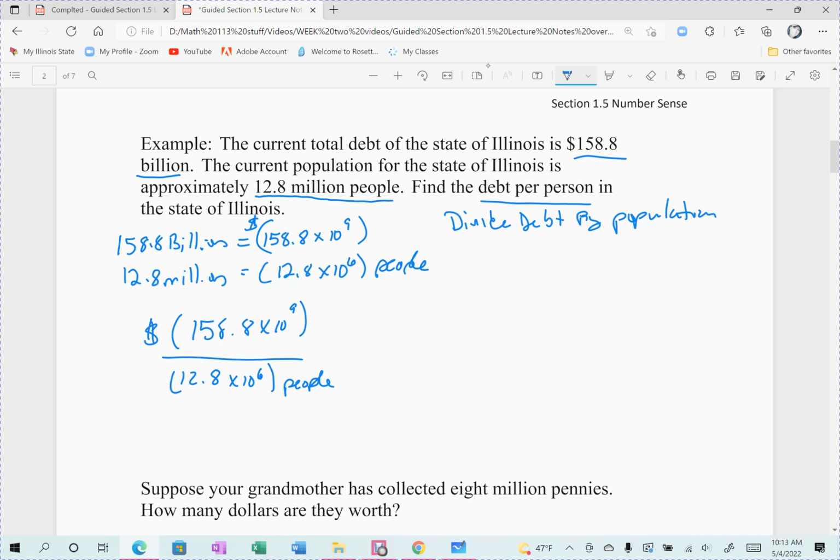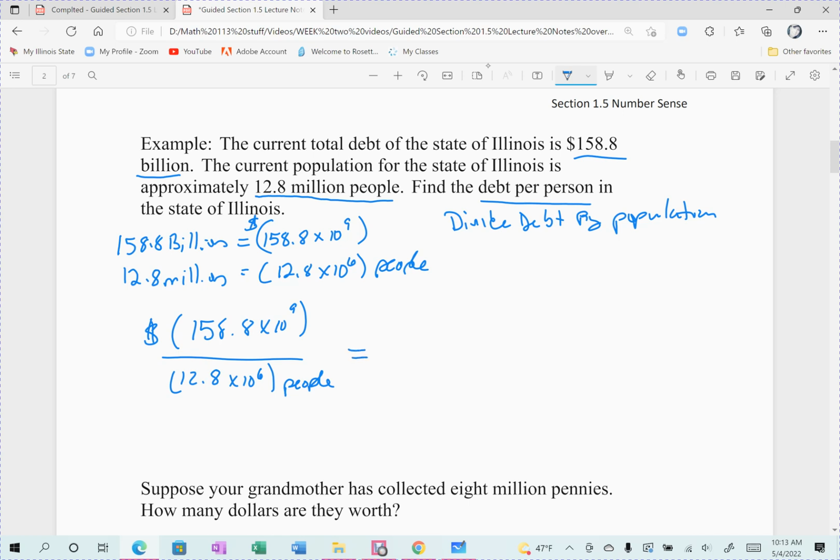Again, be careful when you type this out on your calculator. Where I have parentheses, you need parentheses. You need the 158.8 times 10 raised to the 9, and then end parentheses, divide by parentheses, 12.8 times 10 to the 6th.